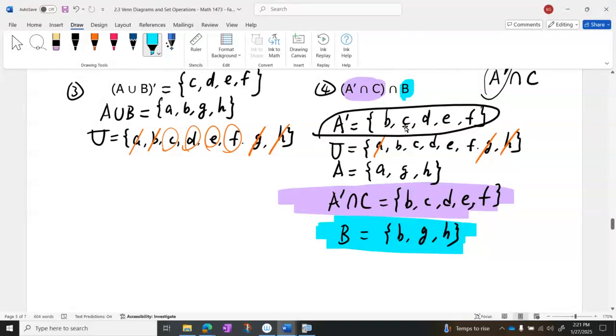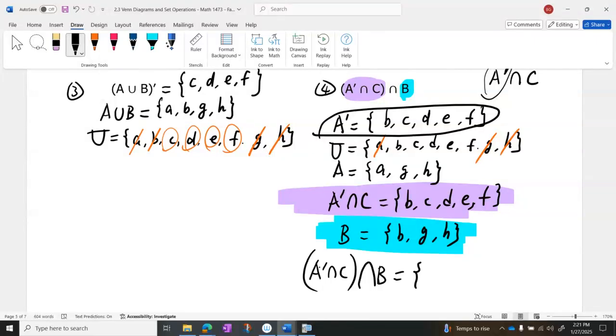Number 4, we are looking for purple intersect blue. So we are looking for the intersection. You see the two sets. We are taking the intersection.